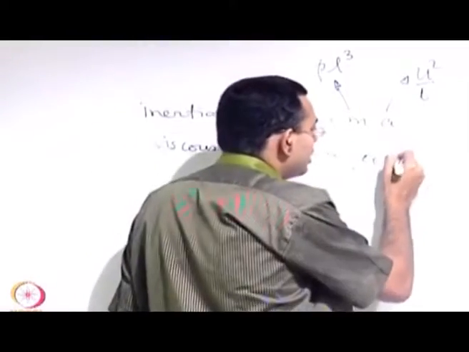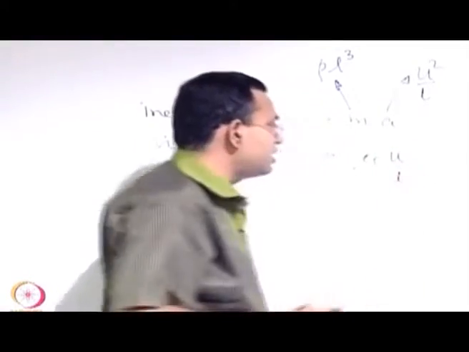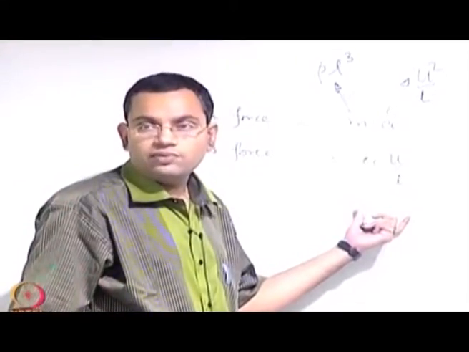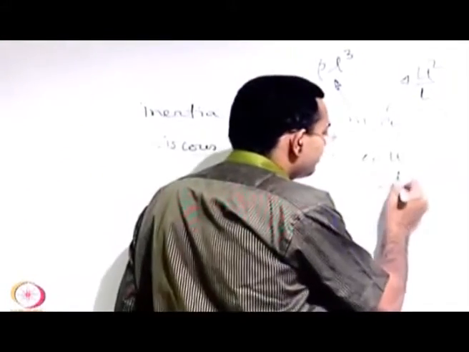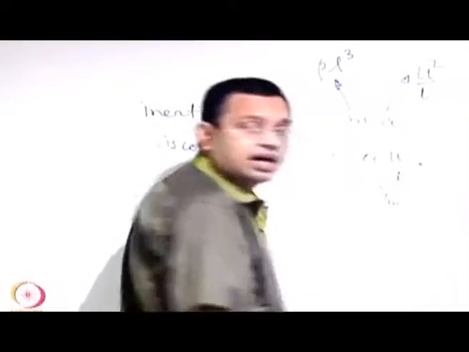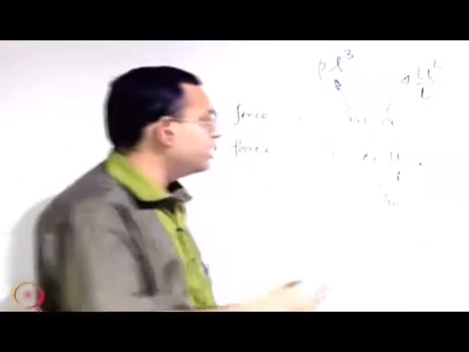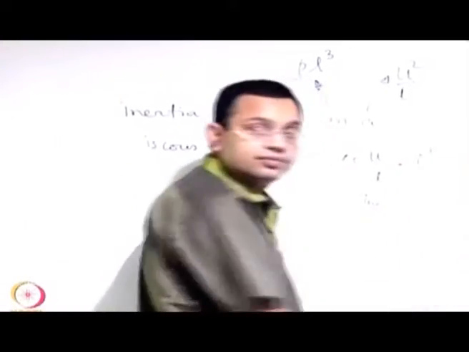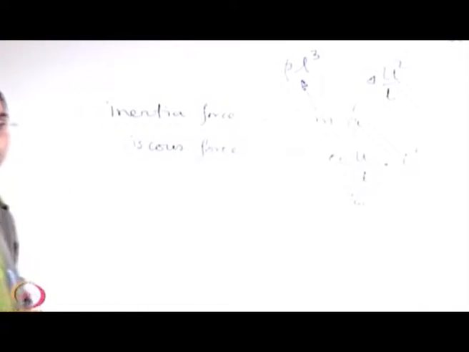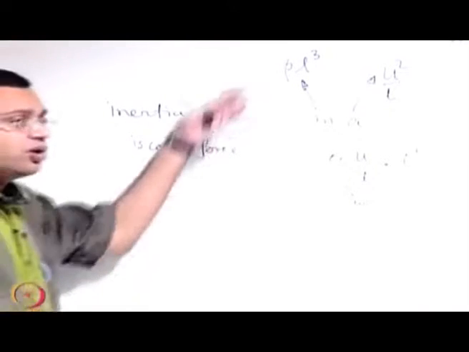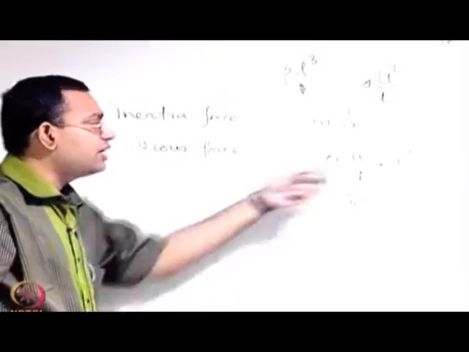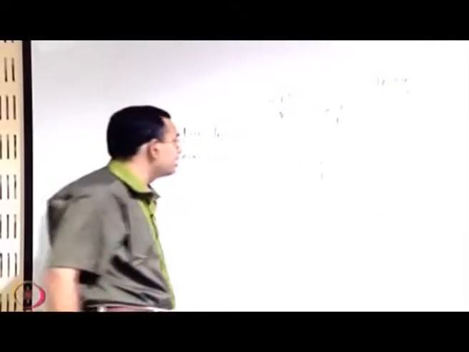So velocity gradient is u by L, so this is the order of shear stress times the area, that is the shear force. So area is of the order of L square. This is just pure dimensional arguments, not that area is equal to L square, that one has to understand.